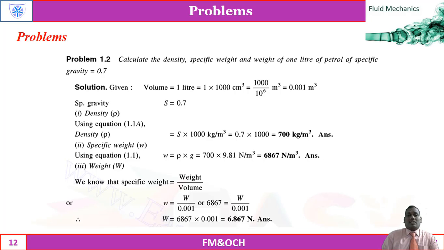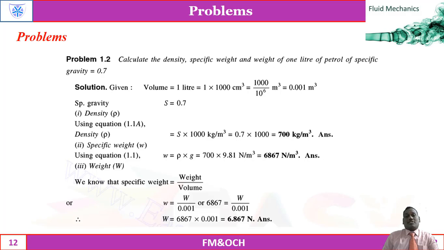So the density rho, as previously told, is nothing but the specific gravity multiplied by the density of the standard fluid, here water, 1000. So the density of petrol is 0.7 into 1000, that is 700 kg per cubic meter. The density of petrol is 700, which is much less compared to water.